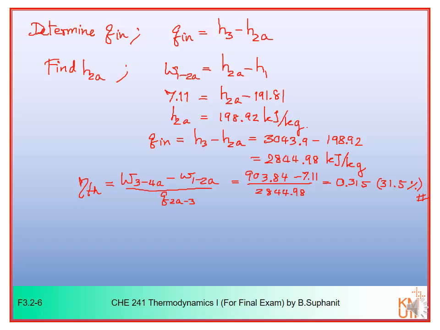Now the second answer that we require would be the net work output if the mass flow rate is 15 kilograms per second.